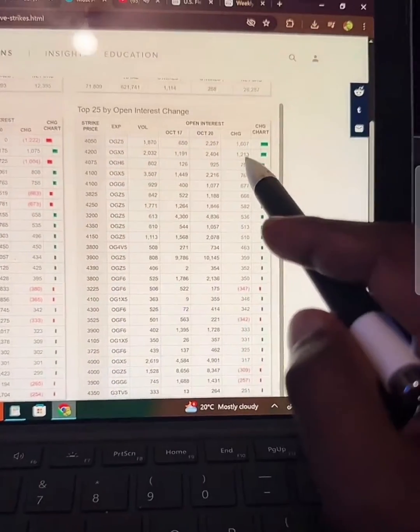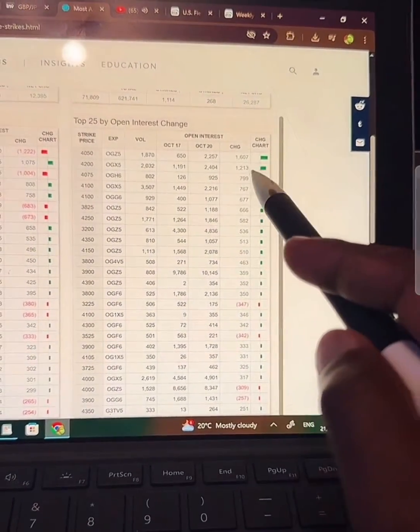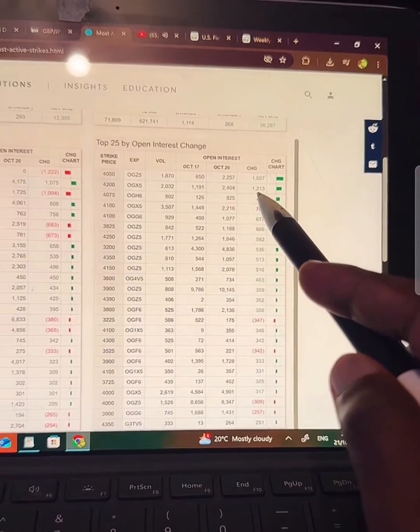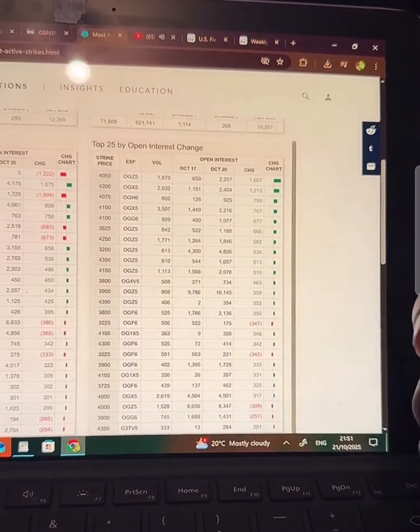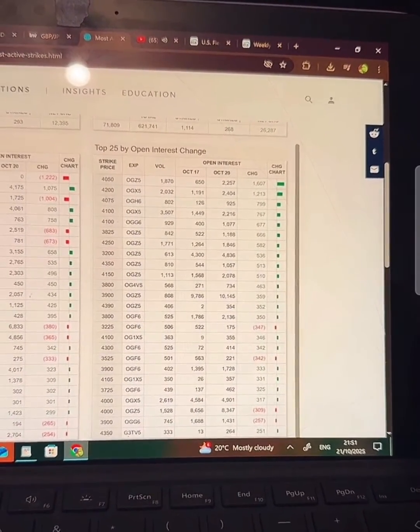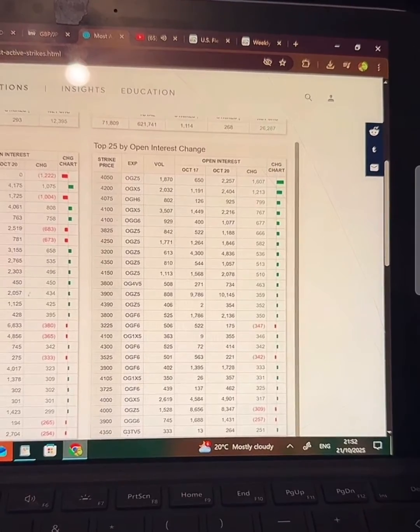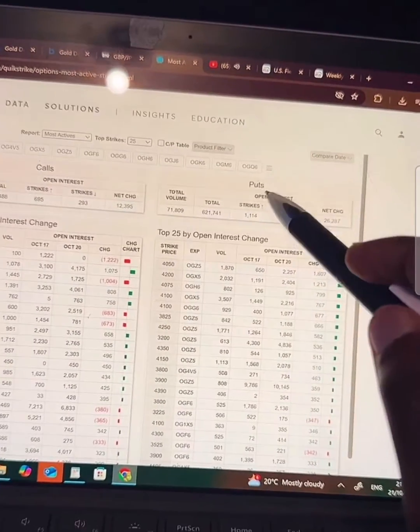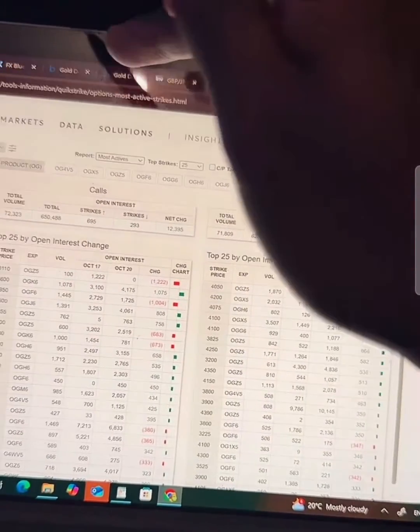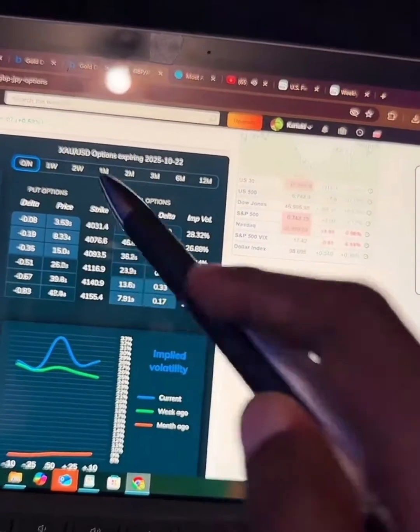You can see there was a change. Also 4050, actually there was a lot of change in open interest. So 4050 and 4200. Now you have to know whether it's call open interest or put open interest. You have to know what you are looking at.